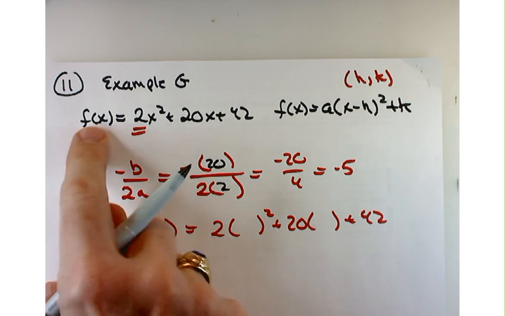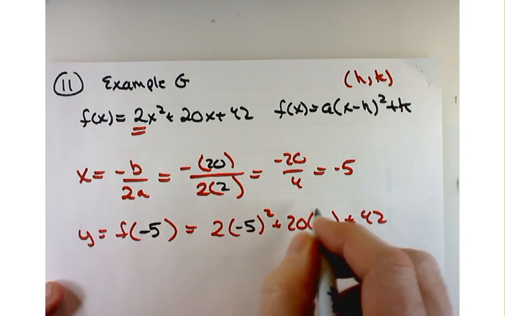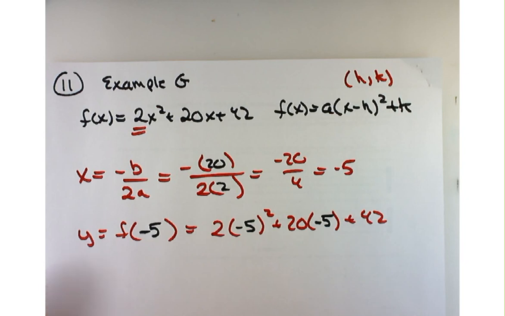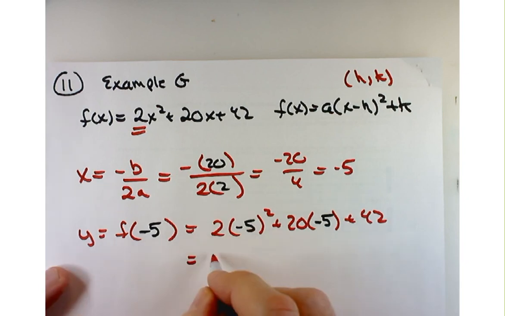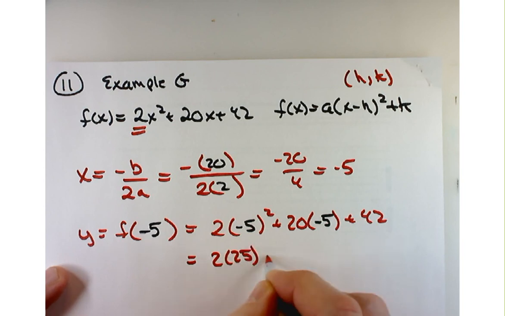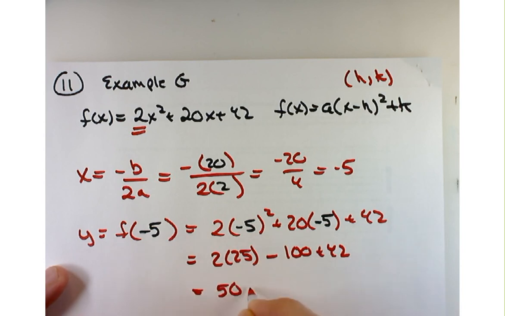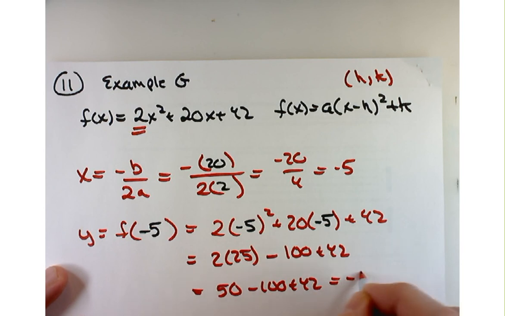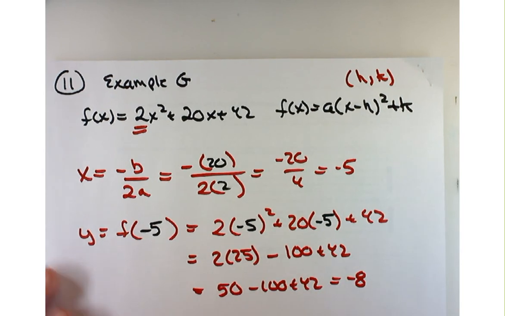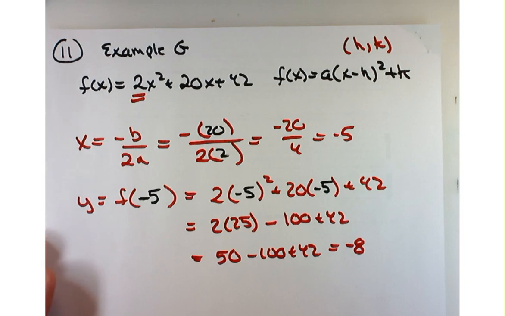So I'll plug that into my function. Negative 5 squared is 25, not negative 25, minus 100 plus 42. So it's going to be 50 minus 100 plus 42. I think that gives me negative 8. Is that what you guys are getting? Yes. All right, good deal.